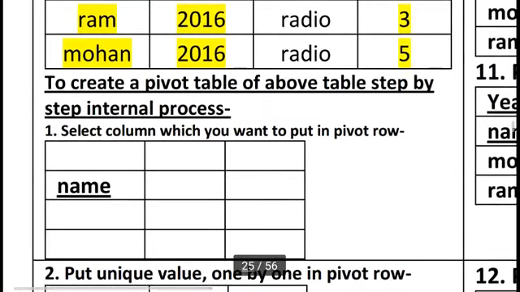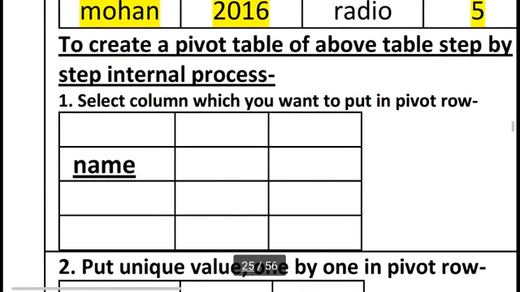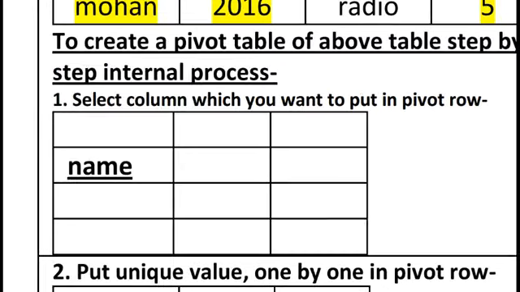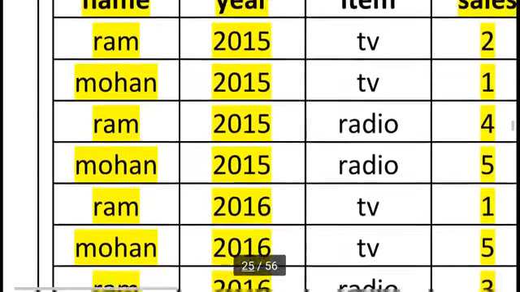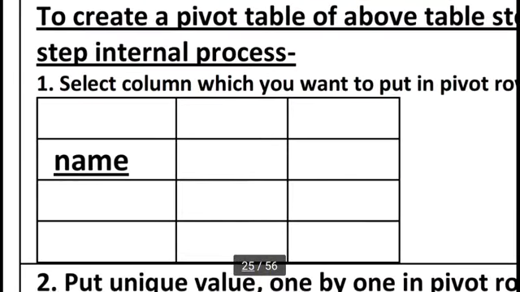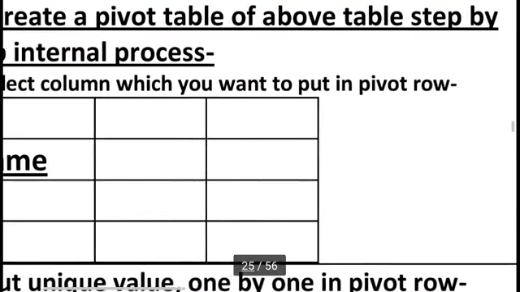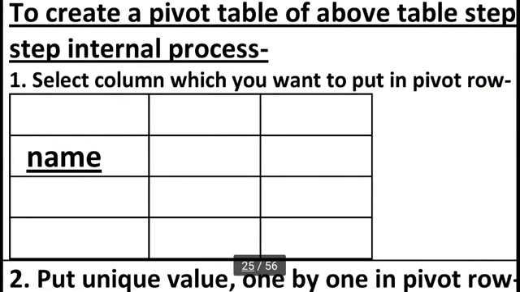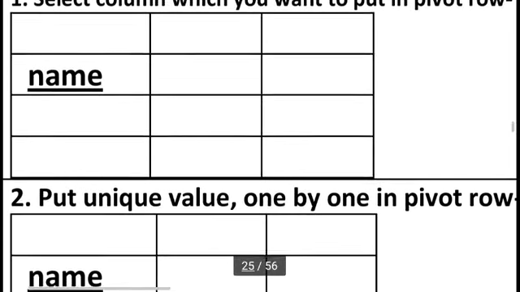So here, to create a pivot table and understand this topic manually, first I want to use the name column. This name column I want to put in the pivot row, meaning all the names will show in the pivot row, with unique values one by one.